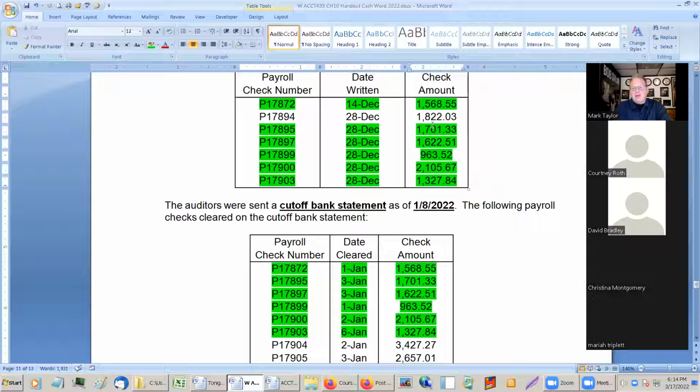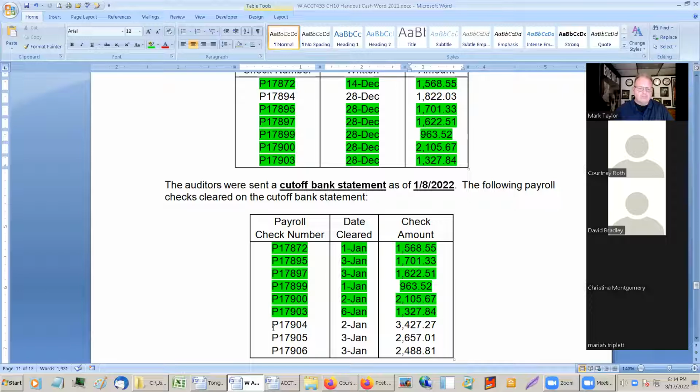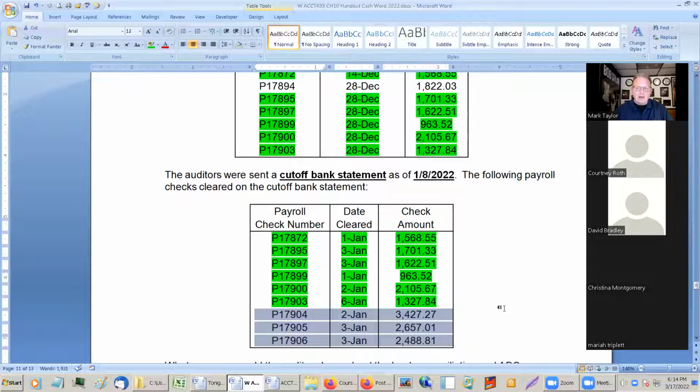Okay, so looking at this, what things are unusual that as an auditor you'd say, well, that's odd? Those bottom 3 checks were written after the last one that was outstanding. These checks more than likely were written in December. And you say, well, how do we know they weren't written at the beginning of January?